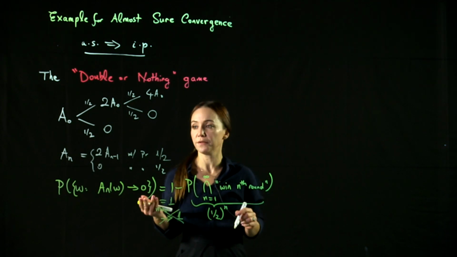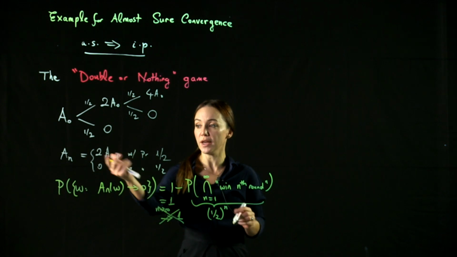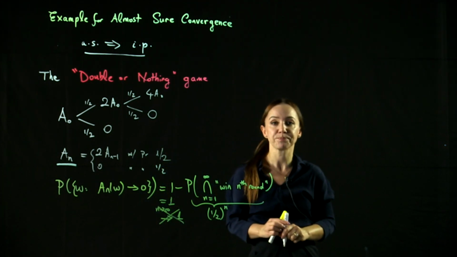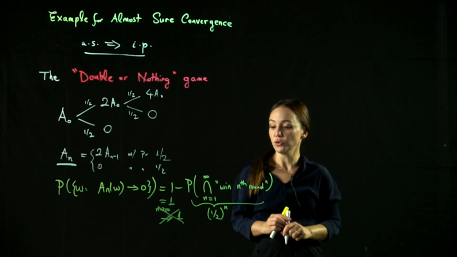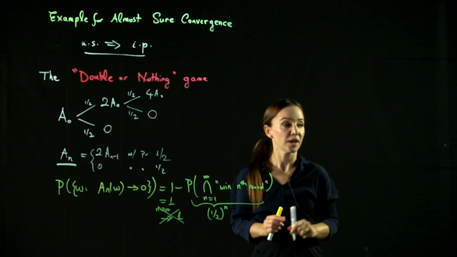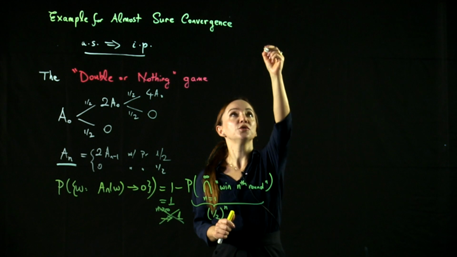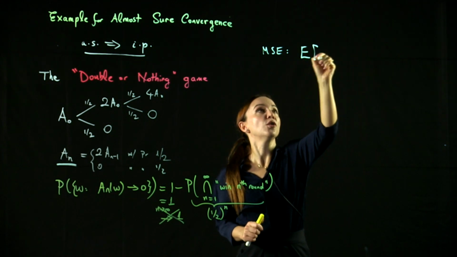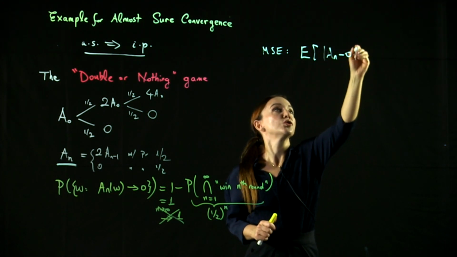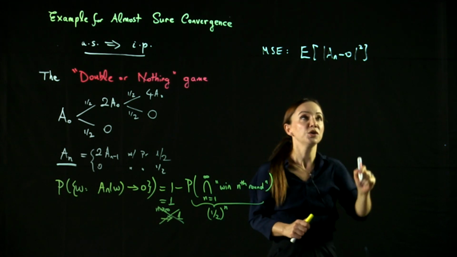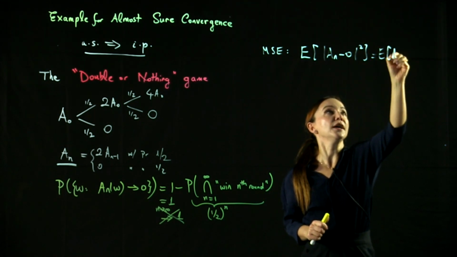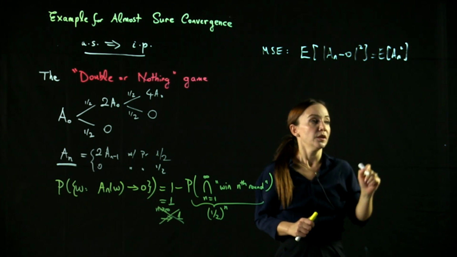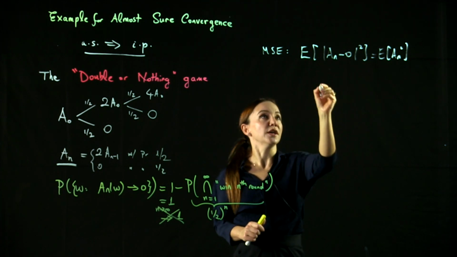Now let's see if the fortune a_n converges to 0 in the mean square error sense. In order to do that, we need to consider the mean square error, which is the expectation of (a_n minus 0) squared, which is the same thing as the expectation of a_n squared. Okay, now we can use iterated expectations to answer this.